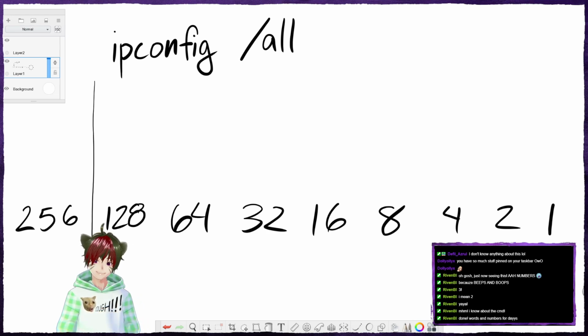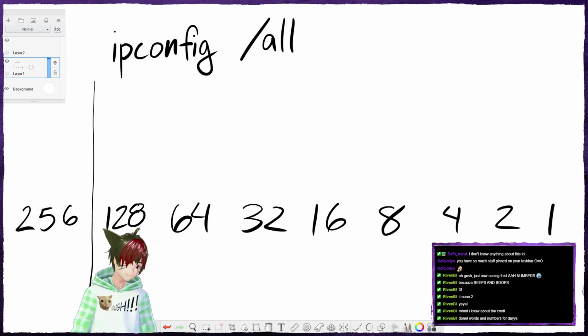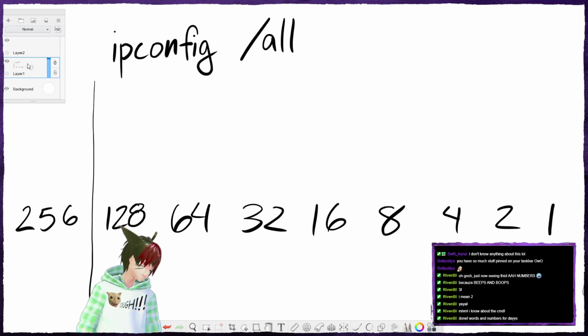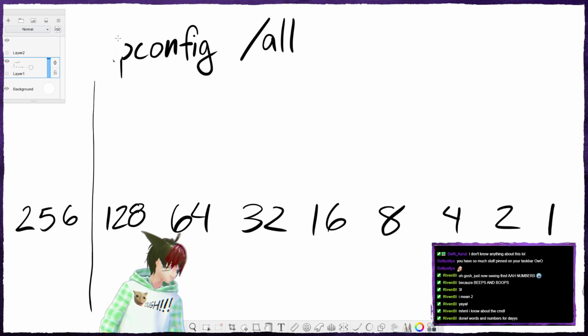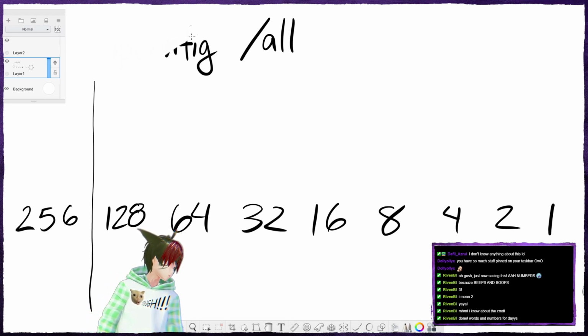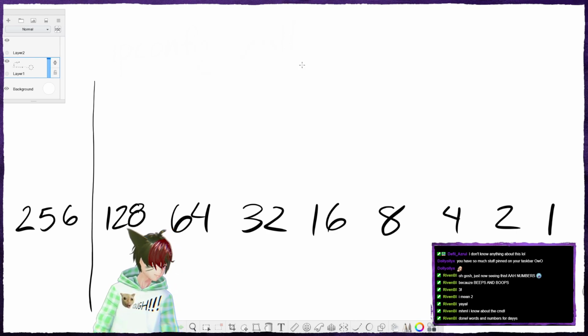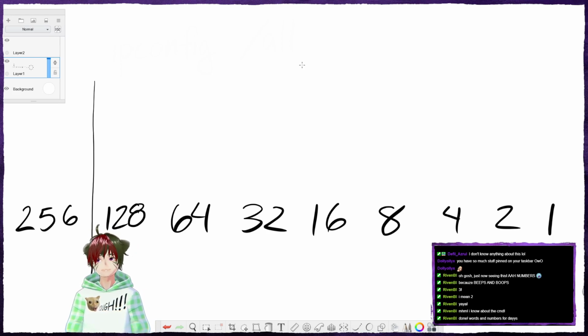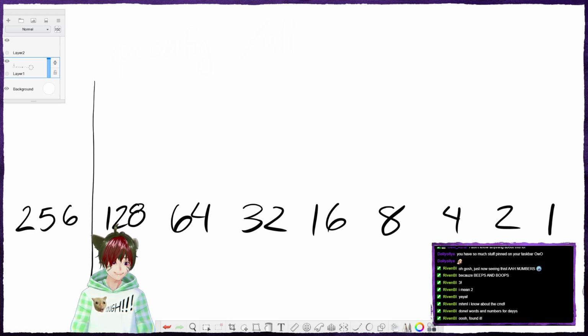Let me know if you see that. So there's connection-specific DNS suffix, description, physical address, DHCP enabled, yes. Auto configuration enabled, yes. IPv6. You found it? Cool.